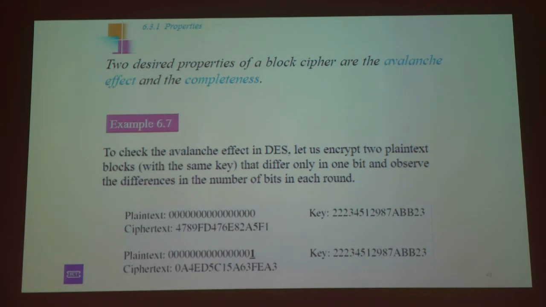The question is, when you have a long message, you divide it into blocks of size 64. A sender and a receiver usually agree on one key and share it over a hidden channel.